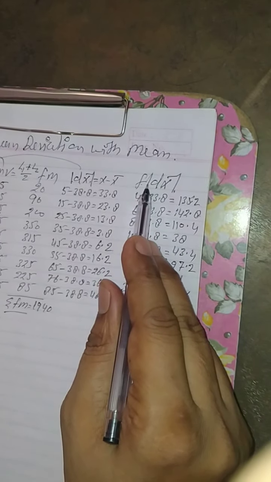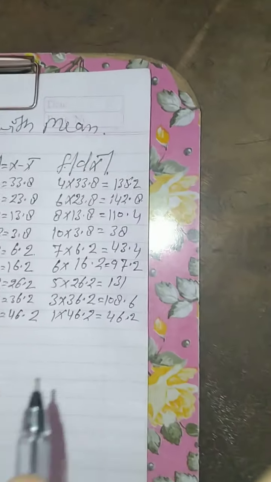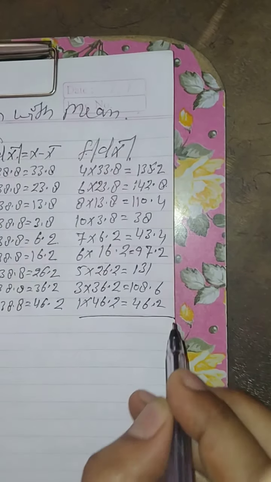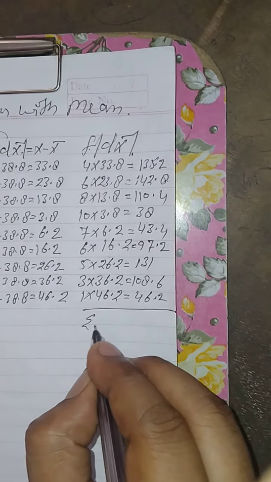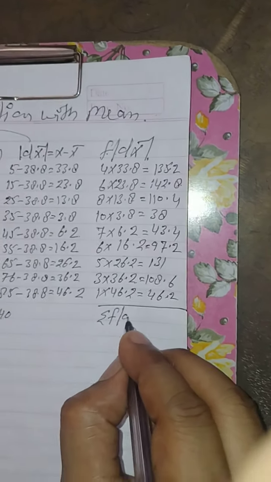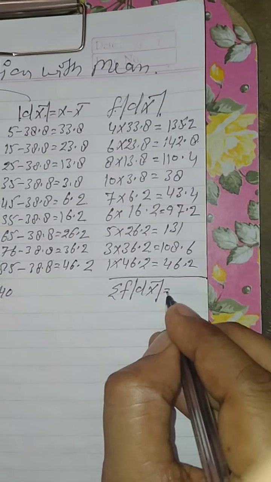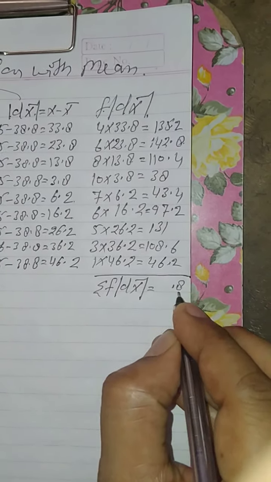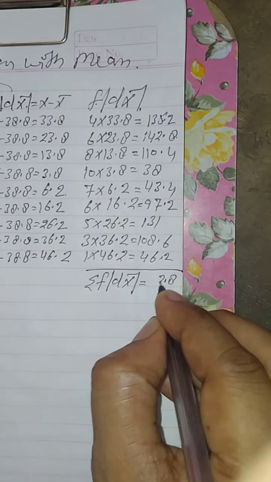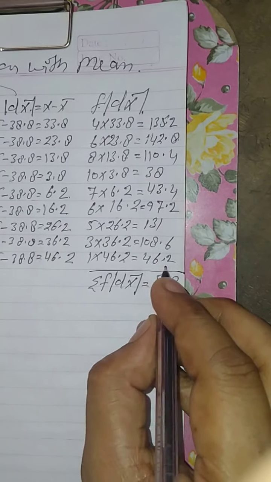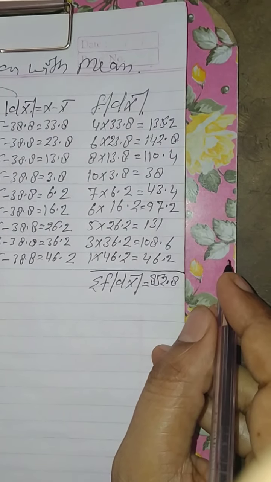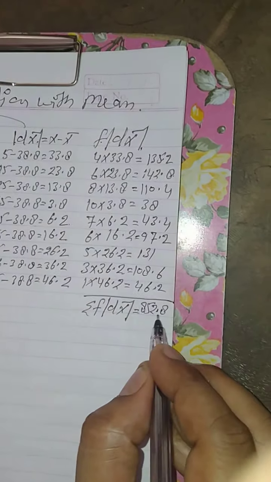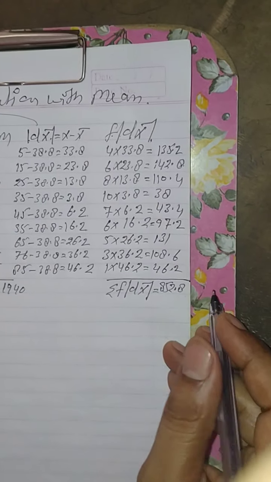That's your f|d̄|. After that we will add all of them, the summation of f|d̄| equal to 852.8.